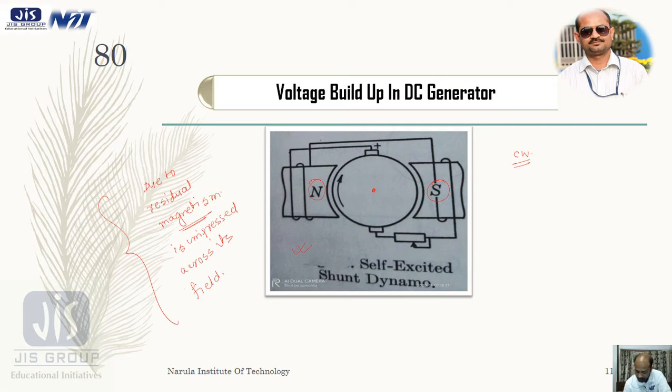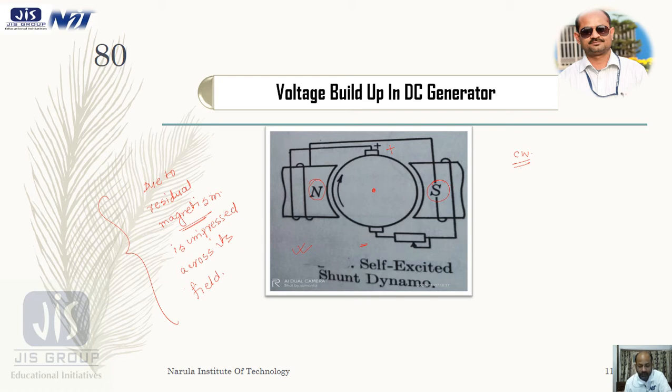So if the polarity and clockwise rotation of armature we assume, then the polarity of the brush will be top one plus and this one minus. Okay, so the top brush to be of positive polarity.